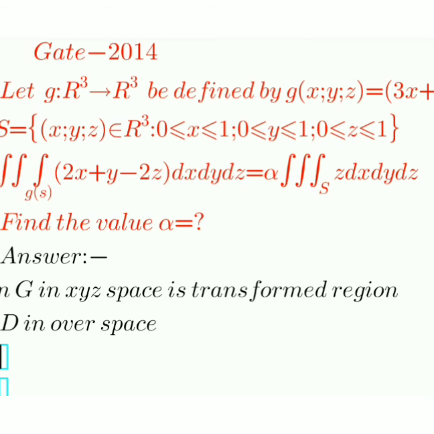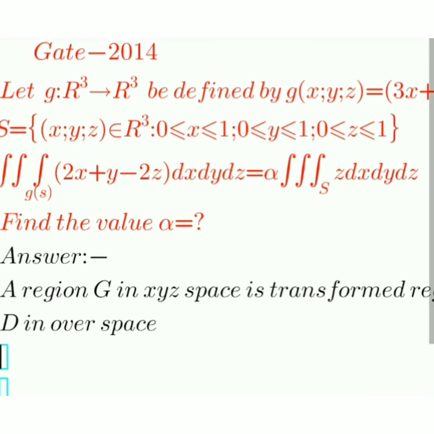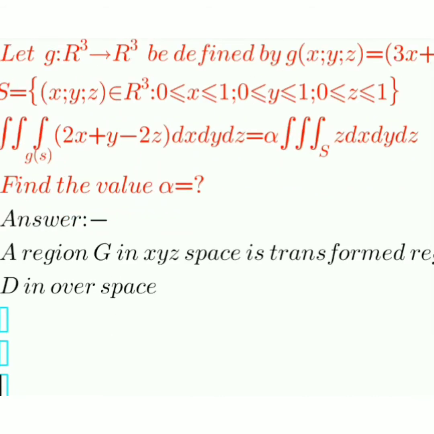So friends, G is my region and it is transformed into the region D in over space. So friends, whatever you see, you see the triple integration.